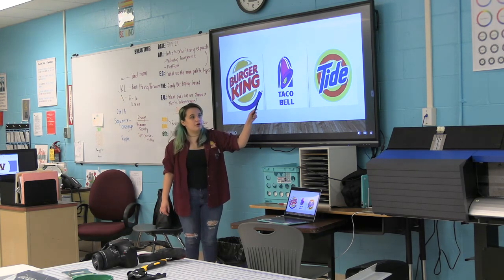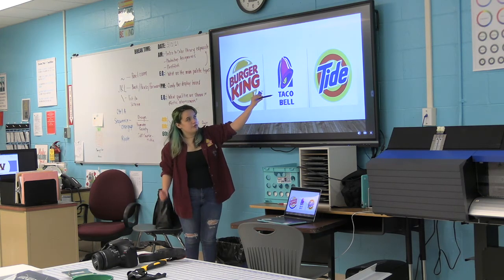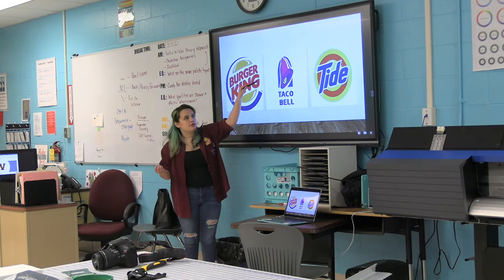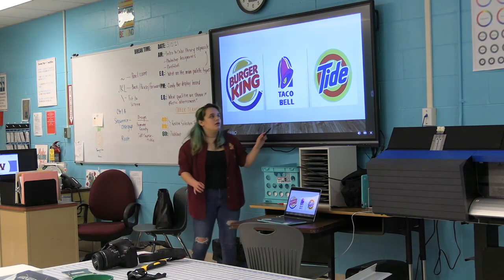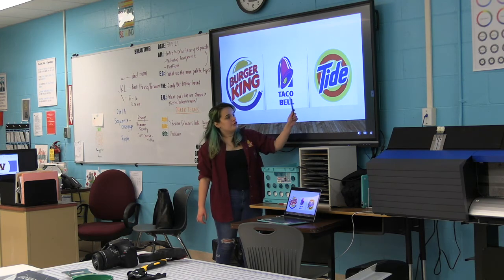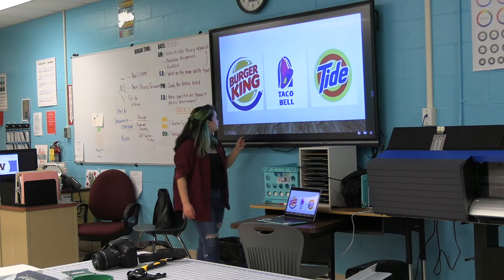Taco Bell is split complementary because you have your deep violet purple and your magenta, which is complementary, direct opposite from this very, very bright neon yellow. This is also a split complementary because you have your deep dark blue offset by your neon yellow and your orange.